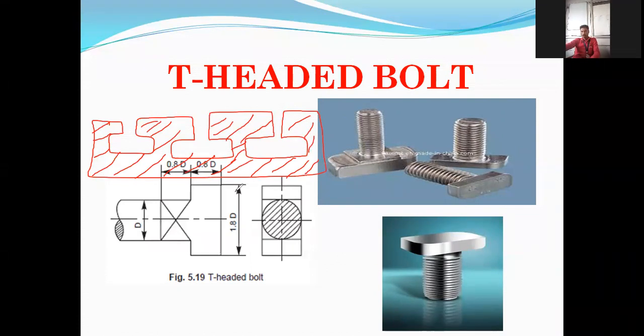T-headed bolts are used in milling machine to clamp the component, machine component, or to clamp the job. तुम्ही पाहिले का मिलिंग मशीन? मिलिंग हे एक मशीन आहे. मिलिंग मशीन वरती एक बेड असतो, आणि त्याला असे स्लॉट असतात. त्याच्यामध्ये हा बोल्ट घ्यायचा, हा टी इथं असा बसेल. इनवर्टेड टी असा बसेल बघा.